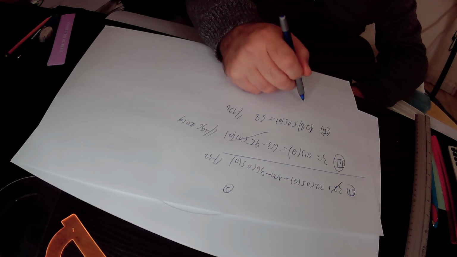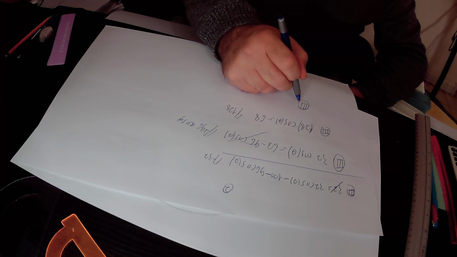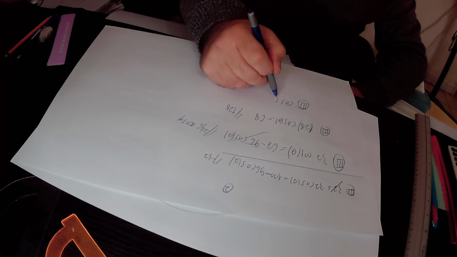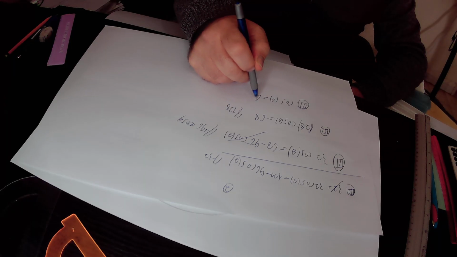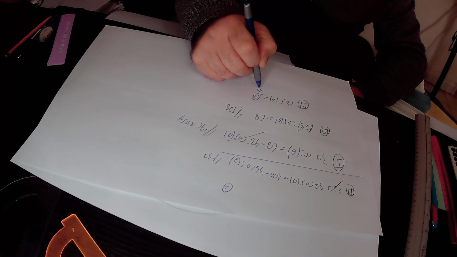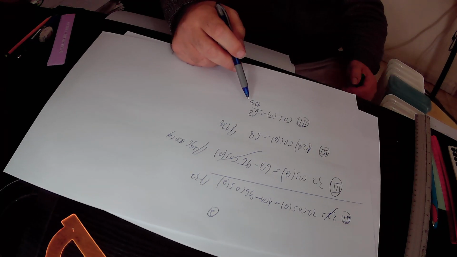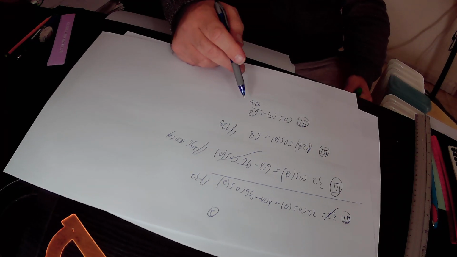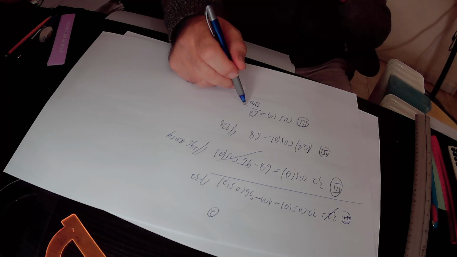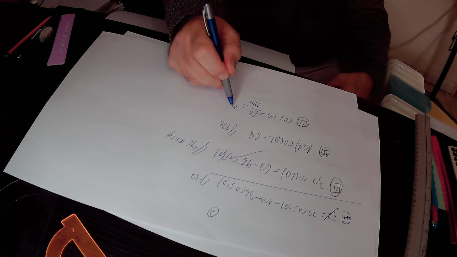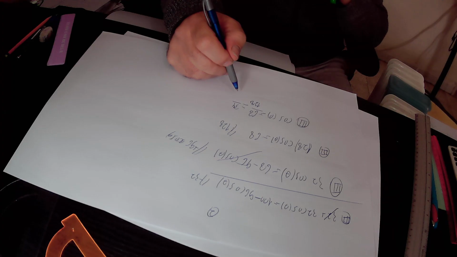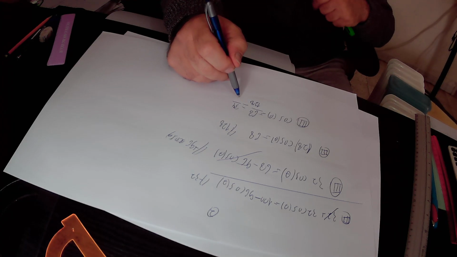We get that cosine theta equals 68 over 128. Here we divide both the numerator and the denominator by 2. 68 over 2 is 34, and 128 over 2 is 64.